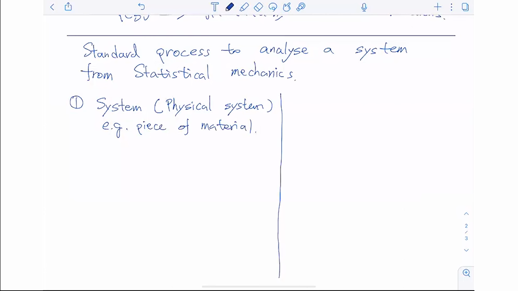At the left half column, I'll just write down the abstract idea, and I will write down the specific example at the right hand side. So for this system, maybe what we have is a piece of magnetic material.